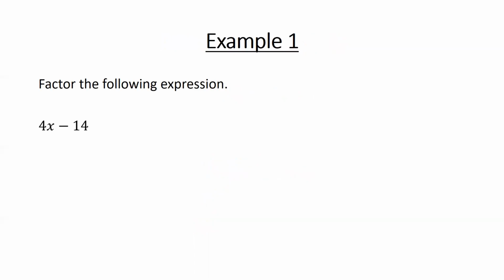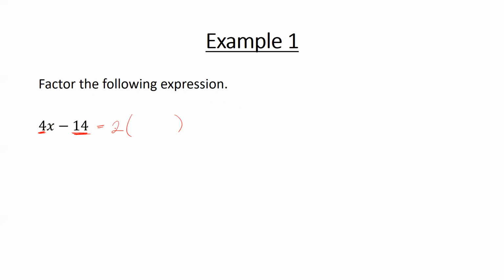So example 1, we have 4x minus 14. And what we notice is that when we look at 4 and 14, both of those numbers are divisible by 2. That's another way of saying that they have a common factor of 2. And so we can undistribute that multiplication of 2 from each term.